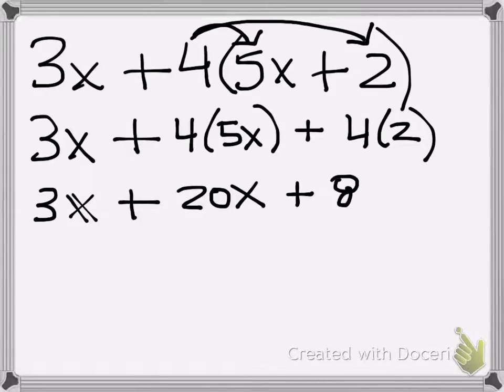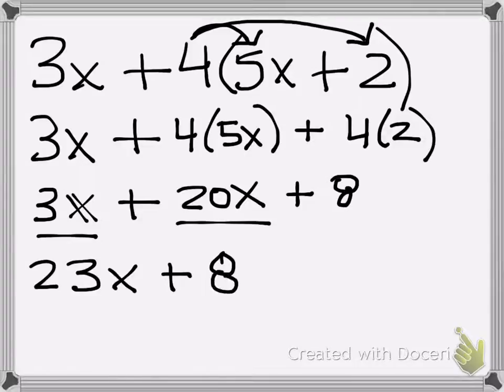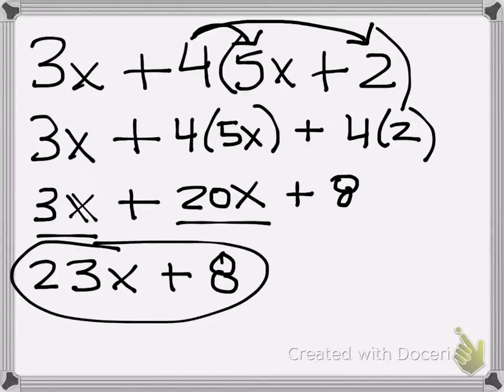So then I look at all of my variables, and I have these as x and this as x, so I can combine those two. And again, just bring the variable along and add the two numbers. Since I can't combine a number without a variable with a number with a variable, this is my final answer.